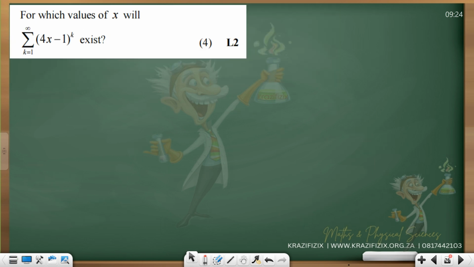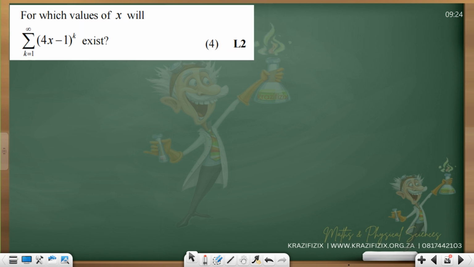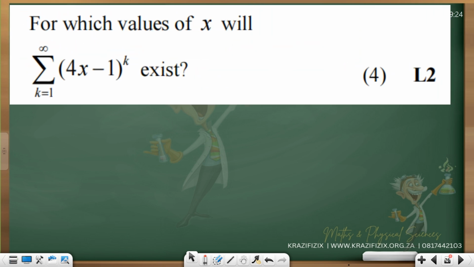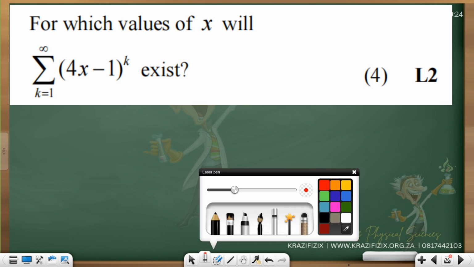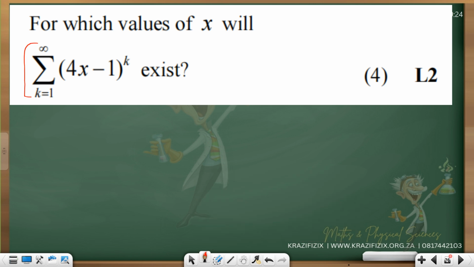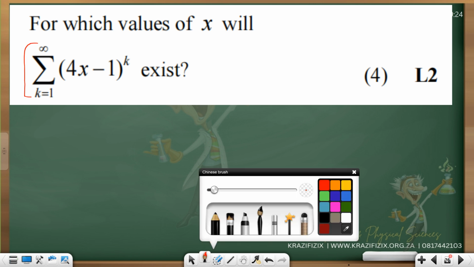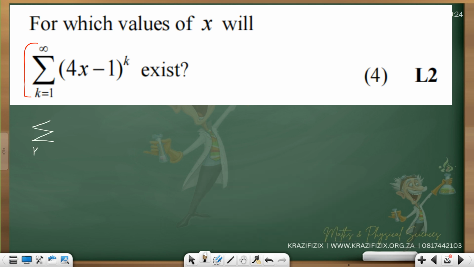Look at this one. Interpretation. For which values of x will, please look at this. It's from 1 to infinity. The moment I see this, I know this is the only formula with infinity. So it's a geometric series.